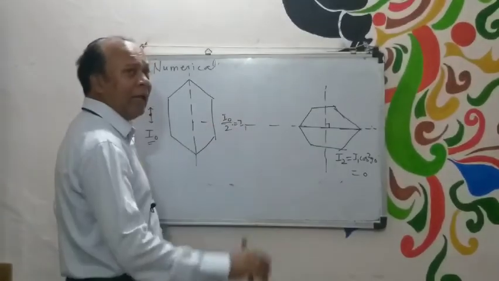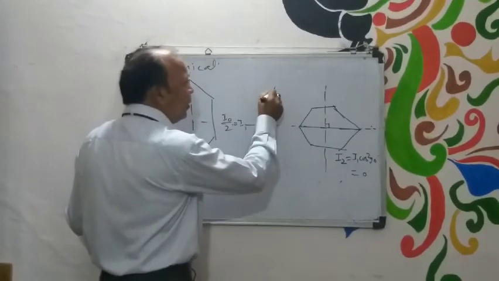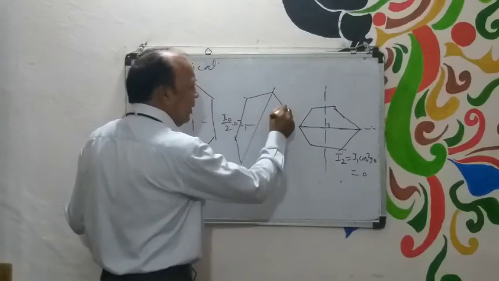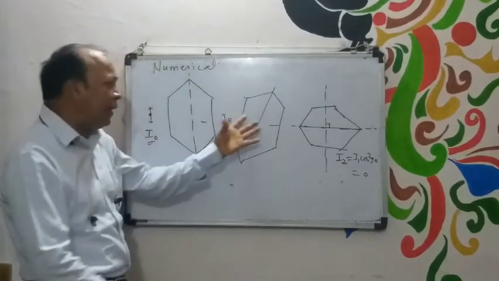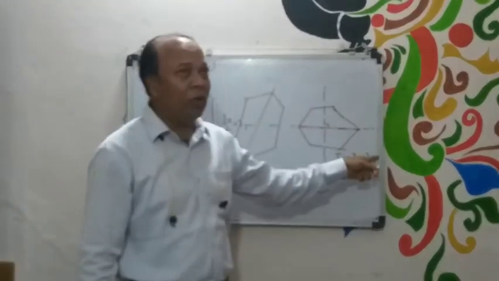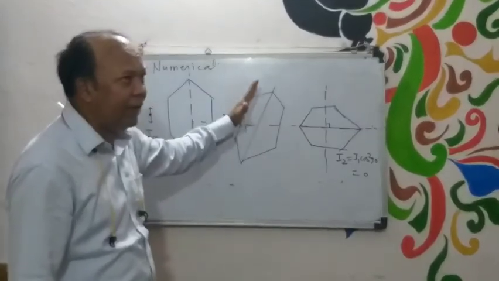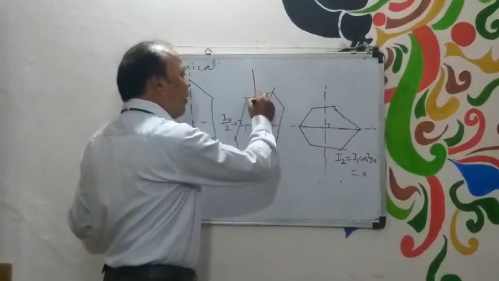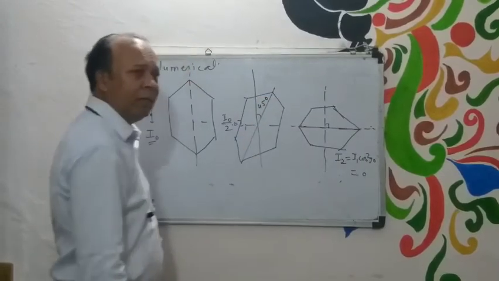But think of another case. Suppose I have placed a third tourmaline crystal such that it is making 45 degree. Suppose this one is removed, so you are getting 0 intensity. Now I have inserted another tourmaline crystal that is making 45 degree from the plane of polarizer.